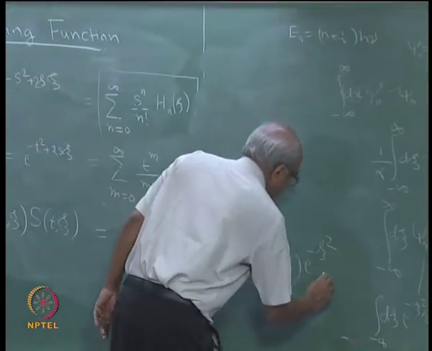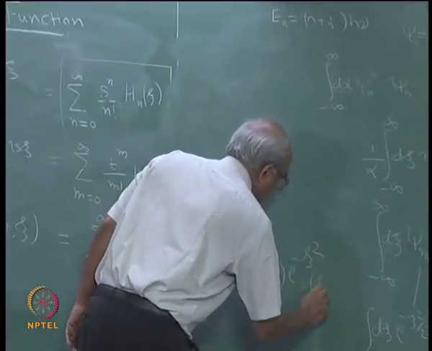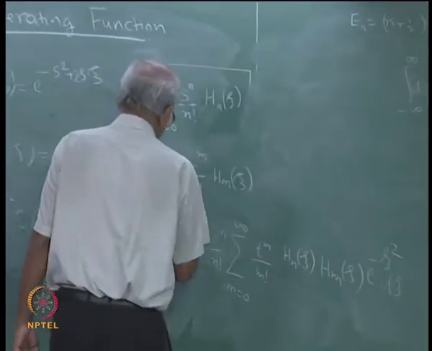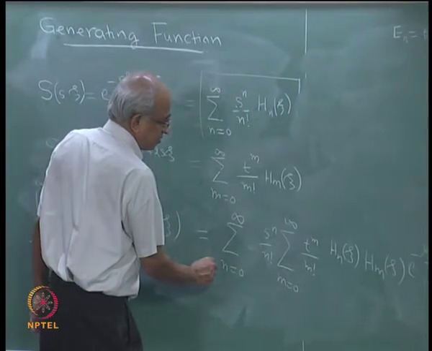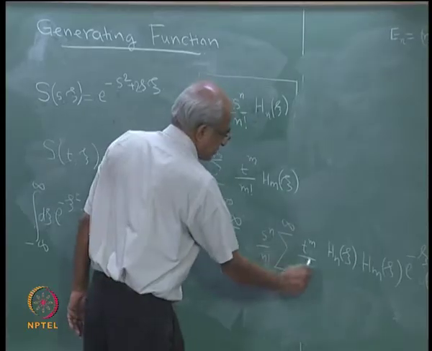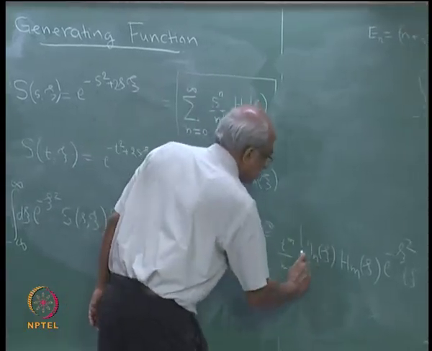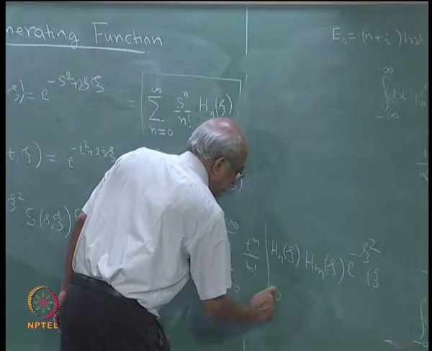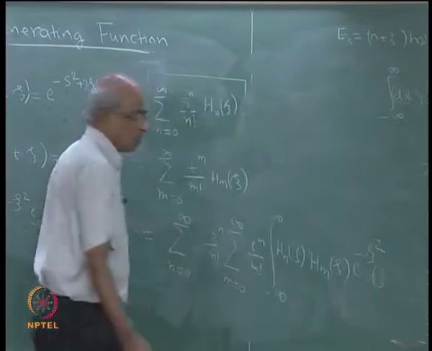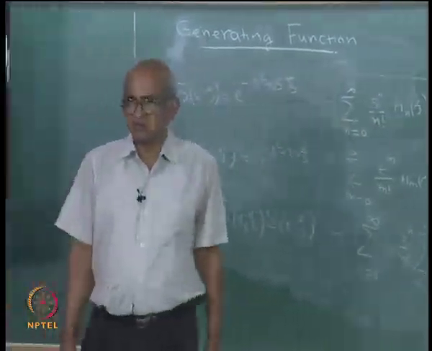And then what will you do? You will multiply by dc and integrate from minus infinity to plus infinity, but you see none of these things are dependent upon c. So, the integral will actually come here, right.